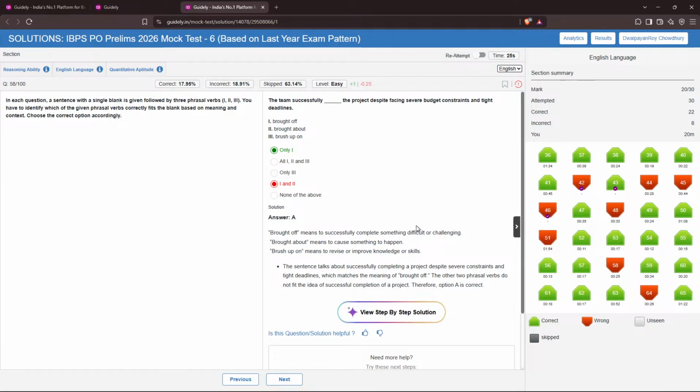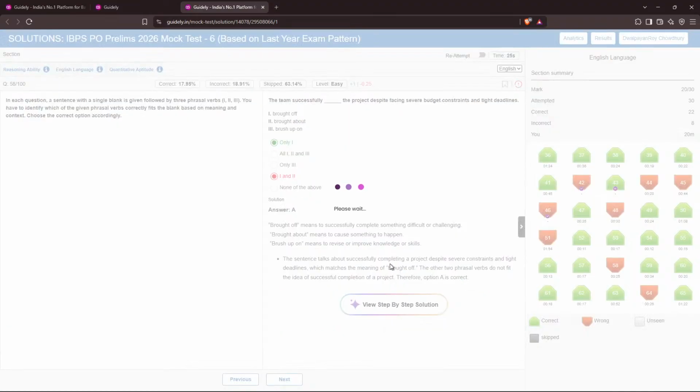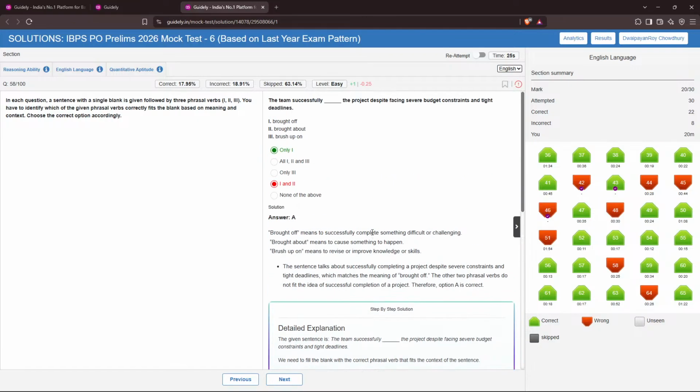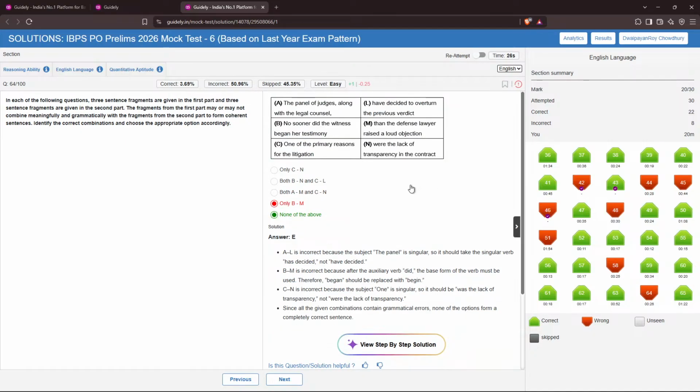Brought off means successfully complete. Brought about means cause something to happen. But then one and two could also be like two. Brush upon, review, improve something. 64. None of this, right?